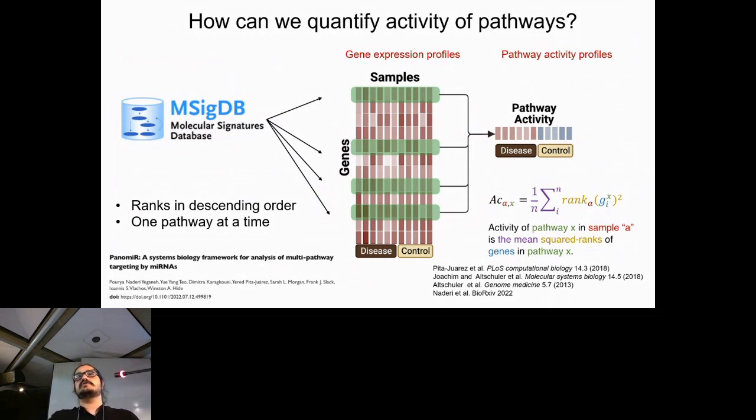But unlike gene set enrichment analysis methods, this one doesn't depend on a null distribution. And that's, I think, one of the reasons we can make the pathways portable between data sets, because you can calculate pathway activity profiles one sample at a time, and then do the downstream analysis of joint embedding.